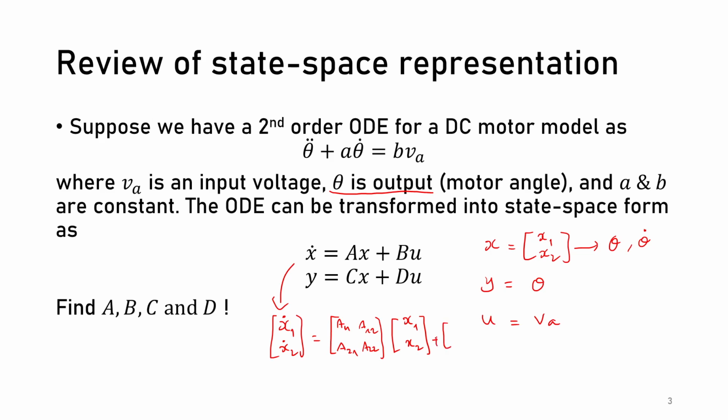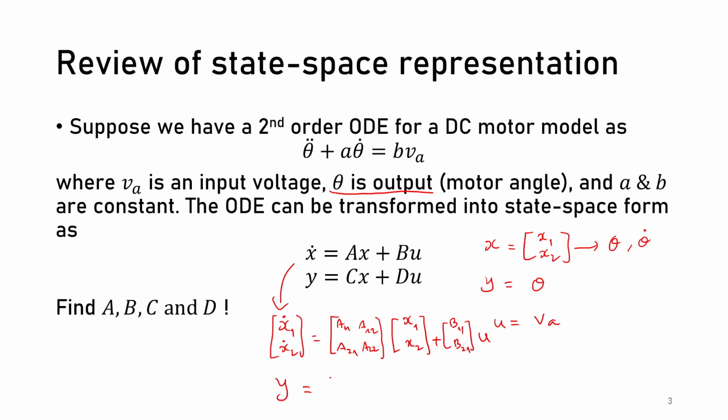And for B you have B11, B21 times u. And for y, it is scalar, so C is supposed to have only one row, right?